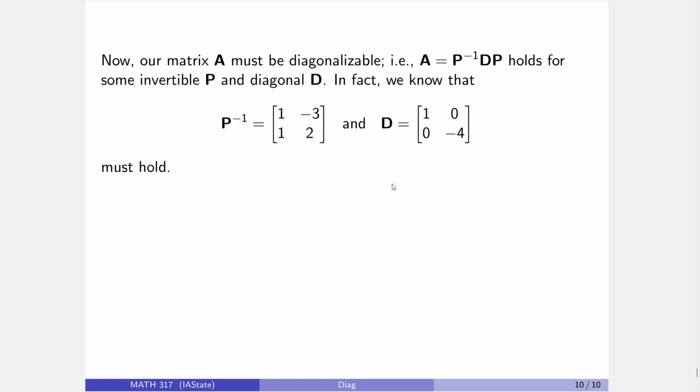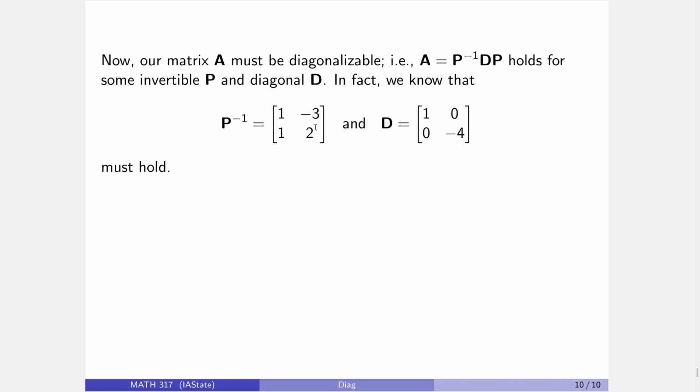And in particular, we know from the proofs of the diagonalization being equivalent to having enough eigenvectors to form a basis, that D has to be the eigenvalues placed accordingly, so 1, negative 4, and the matrix P inverse has to be the associated eigenvectors. So the first column here, 1, 1, has to be an eigenvector associated with 1, and the second column has to be an eigenvector associated with negative 4.